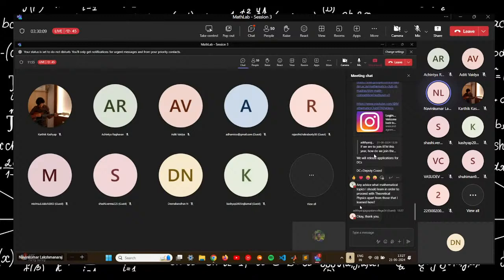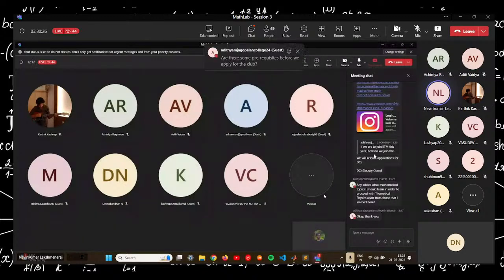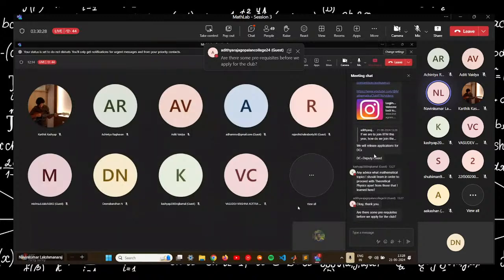Any advice on mathematical topics I should learn in order to proceed with theoretical physics? It depends on the kind of physics that you're doing. Physics takes inputs from a lot of branches of mathematics. Say you are doing a course in mechanics, introductory calculus and some real analysis should be sufficient.